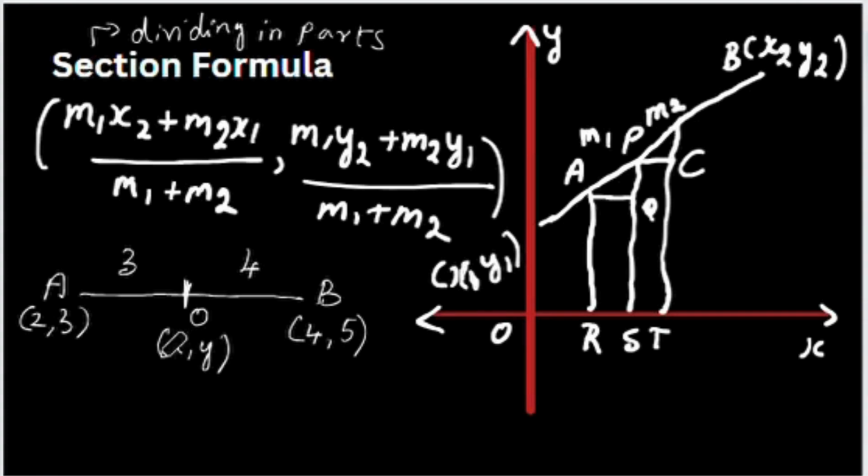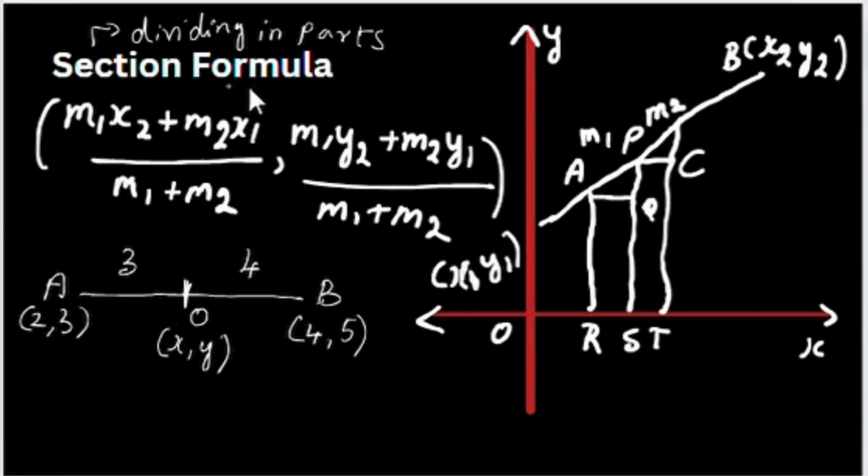So how to find this? With the help of x1, y1 and x2, y2, substituting in this formula, and we know the ratio. With the help of the ratio and these points, we are going to find x and y, the point where the line got split.